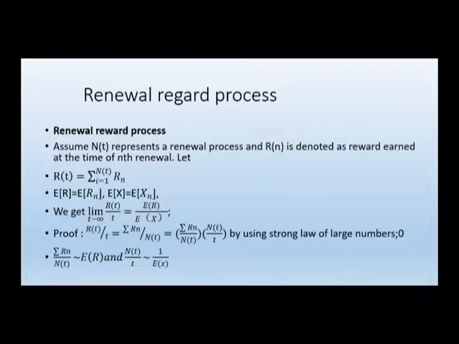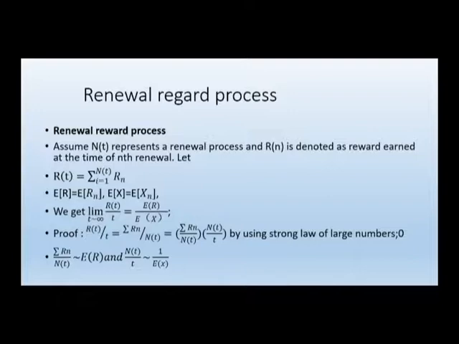And in this formula, we use Rn to denote the nth reward we get, and N(t) is the renewal process. So we can infer that Rn is highly related to the time intervals of a renewal process.